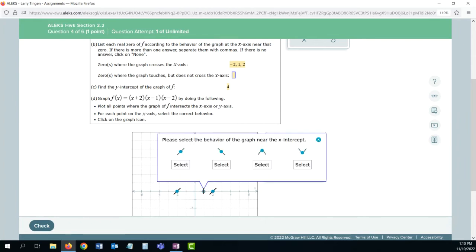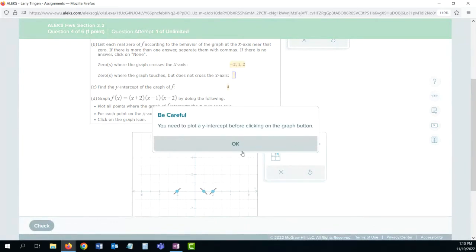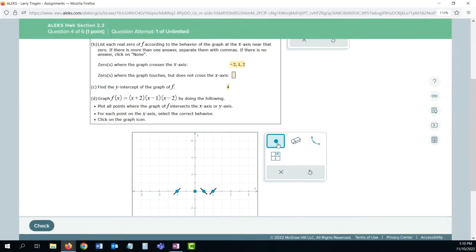So that means at 1, what am I doing? Well, from -2, I've come up from negative infinity. I've crossed the x-axis. And now I've got to get back down below it so I can cross it again. So there are those 3, and you need a y-intercept. The y-intercept was (0, 4).